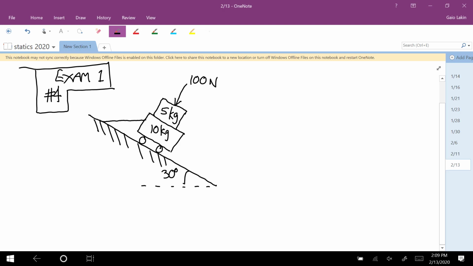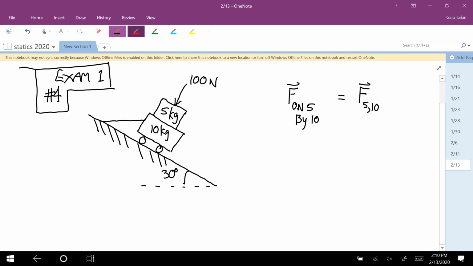And we want to calculate the force on the 5 by the 10. I'll just write that F 5,10.